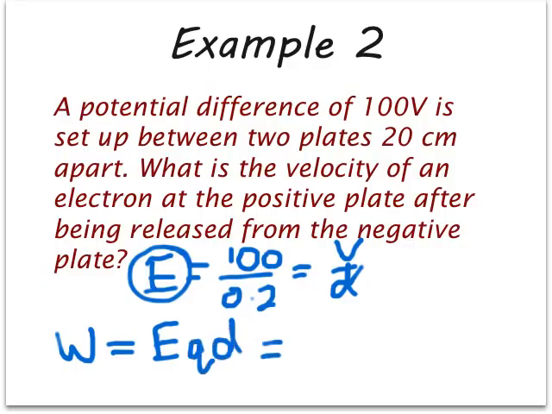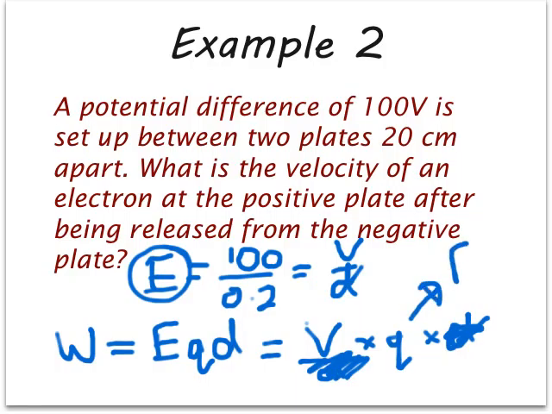So you could put in V divided by D multiplied by Q times D. Those D's cancel, and we just get VQ. So we could work out the work done for moving between the two plates, and we know that the work done is going to be equal to the kinetic energy, which is half mv squared.